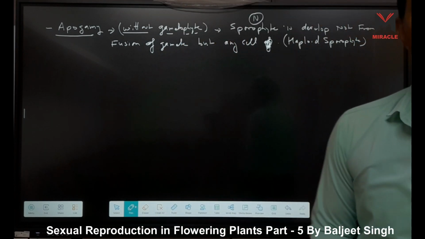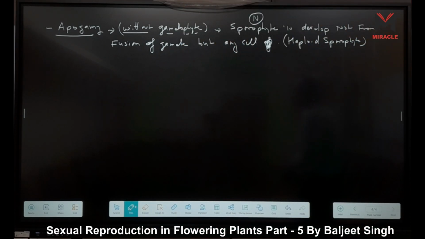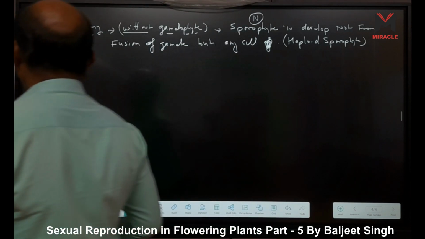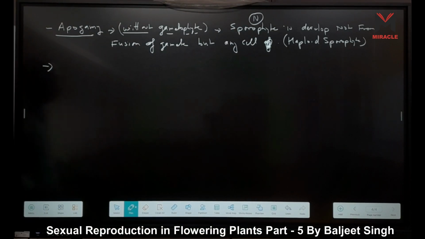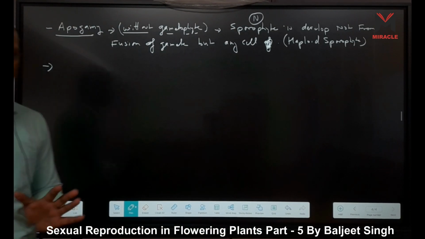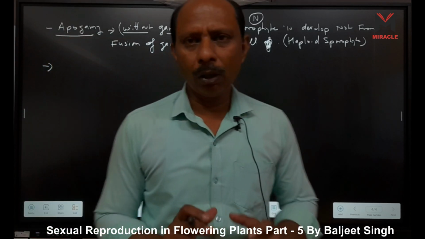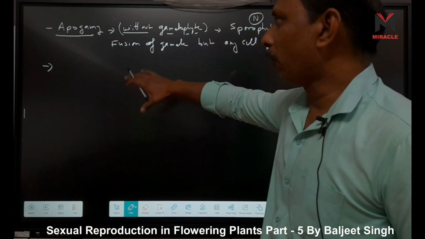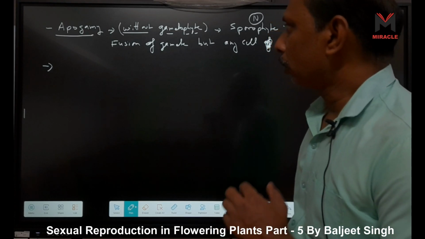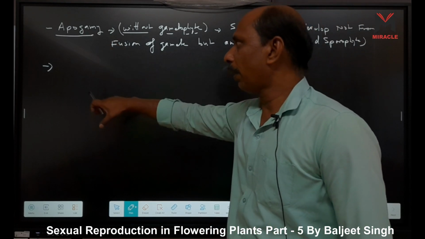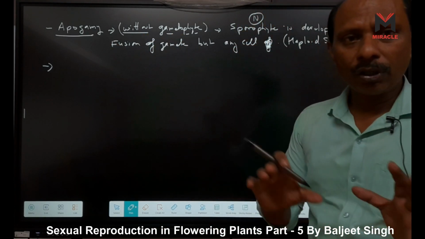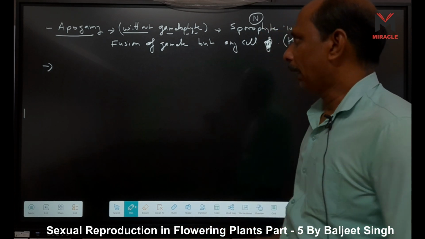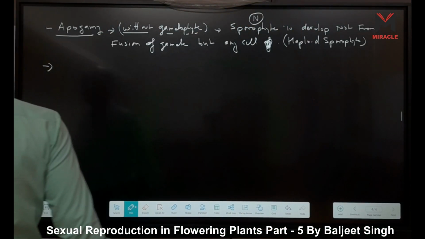Apospory means without meiotic division of sporophytes, that is development of gametophyte without reduction division through a sporophyte. Apogamy means without fusion of gametes, and they form haploid sporophytes.